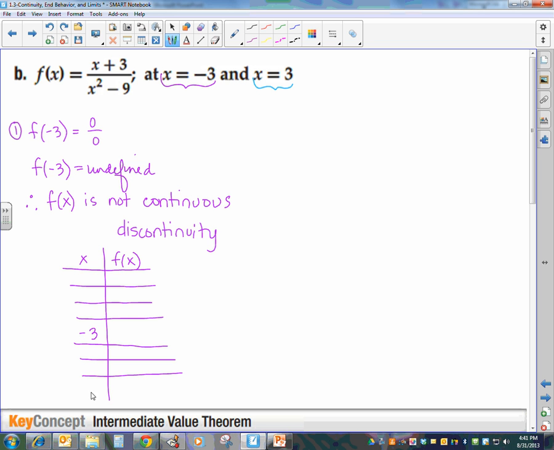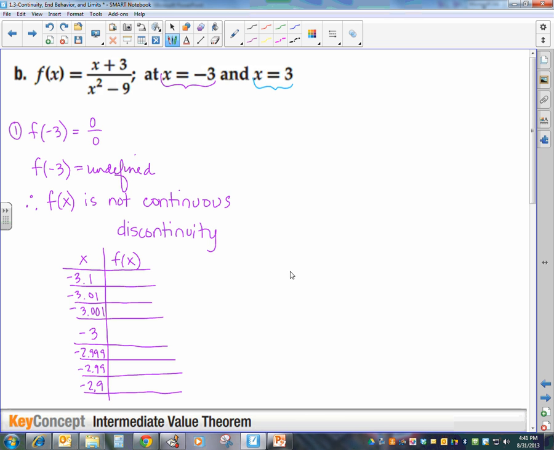And 1, 2, 3. And remember our numbers we had were negative 3.1, negative 3.01, negative 3.001, negative 2.999, negative 2.99, and negative 2.9.